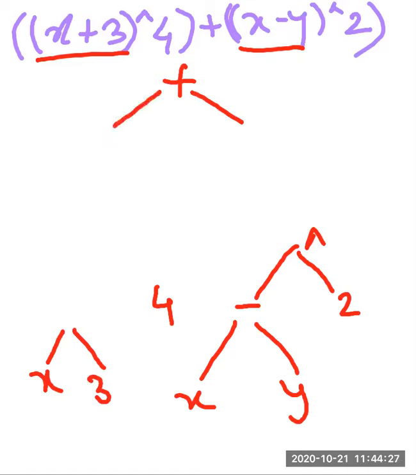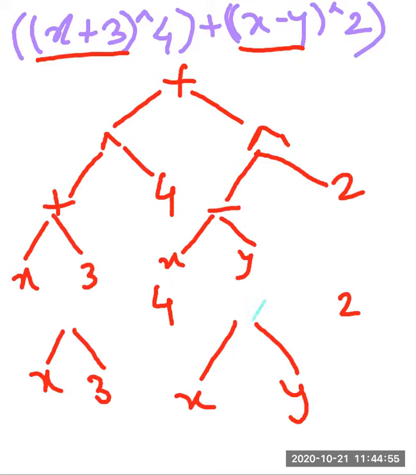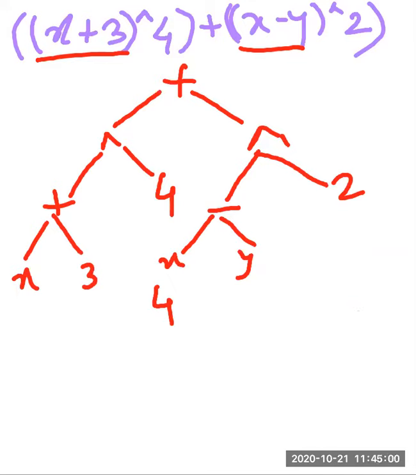The left-hand part is headed by raised to, with x plus 3 and 4, and the right-hand side will be headed by another raised to, with 2 and minus, that is x minus y. So we get this as the complete expression tree. This is how to convert an expression into an expression tree.